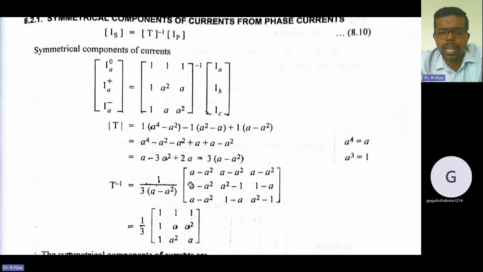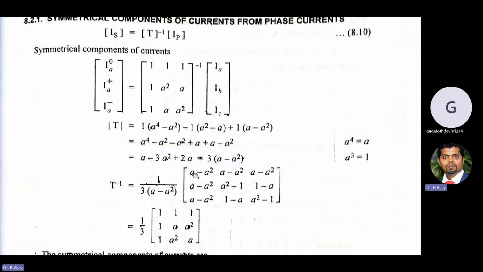Adjoint of T, how to calculate? The same thing here. The adjoint is nothing but this A power 4 minus A square. If you neglect, minus of that means A minus A squared.